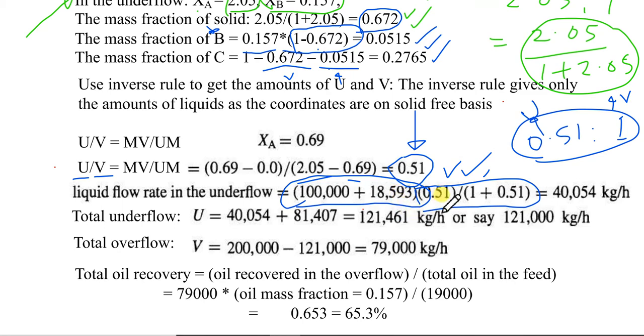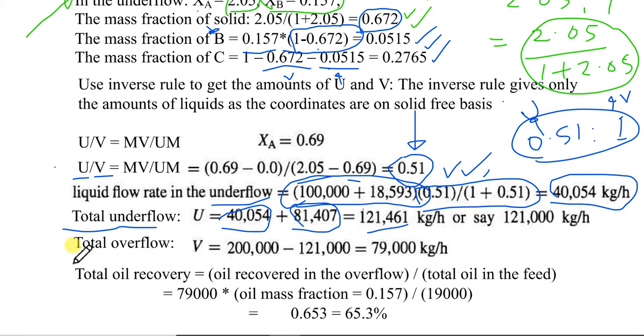So 0.51 divided by this will give you the liquid flow rate in the underflow. Total underflow is this liquid and the solid in the beginning, so that becomes this amount.